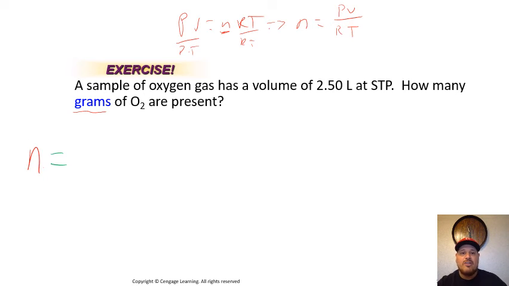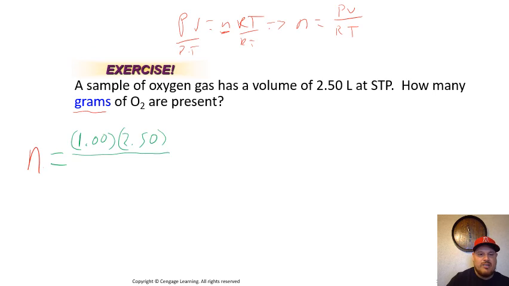So at STP, even though they only really give us the volume, our pressure is going to be 1.00 atm times my volume, which in this case is 2.50, divided by, don't forget, my universal gas constant, which doesn't change, 0.08206, times standard temperature.